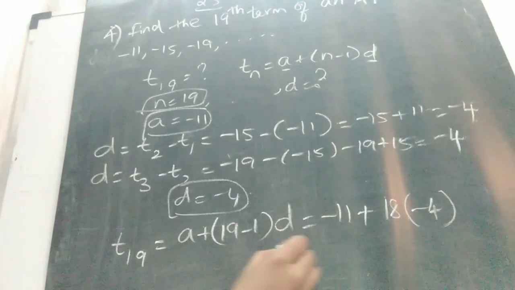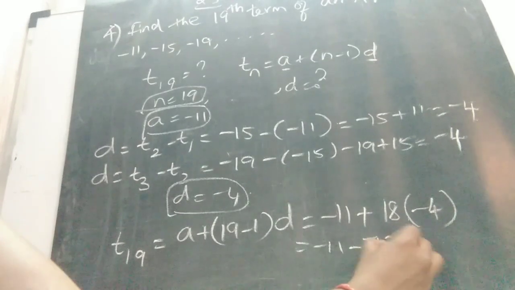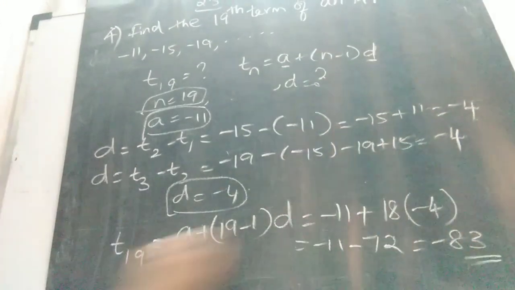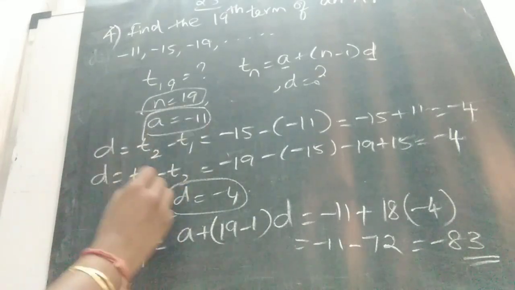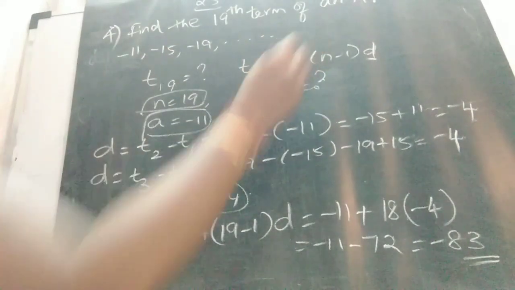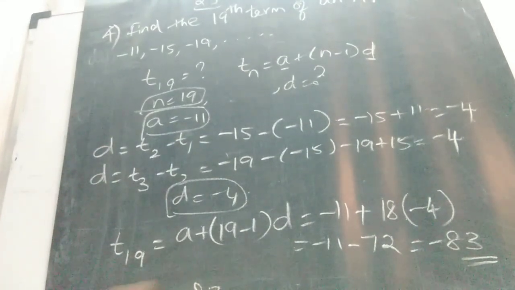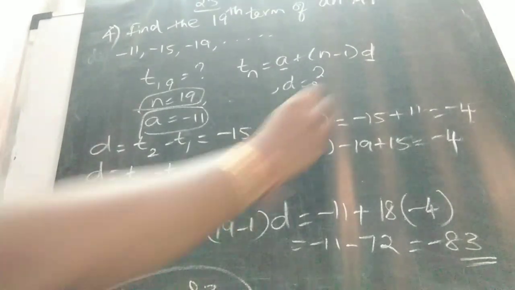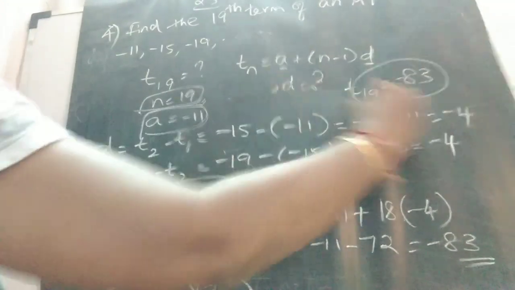That is minus 11 minus 72, which is minus 83. So the 19th term, that is T19, of this sequence is minus 83.